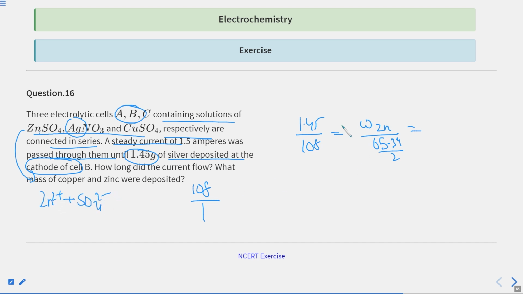So from here you can calculate the weight of zinc, and for the weight of copper, it will be how much? Copper will have mass of 63.54 divided by again 2, because the n factor is 2. So from equating this and this equation, you can find the weight of Cu. Is it clear? Now next question.